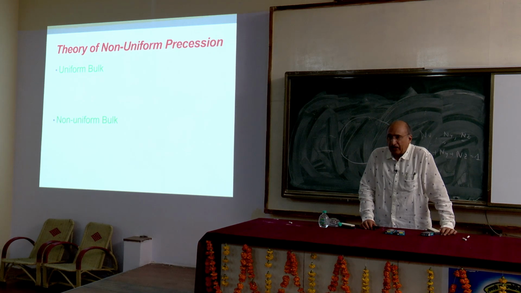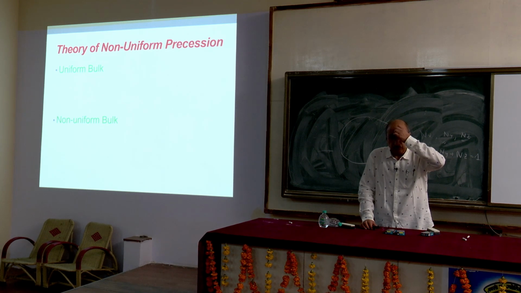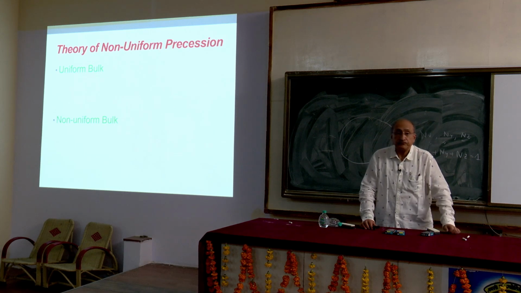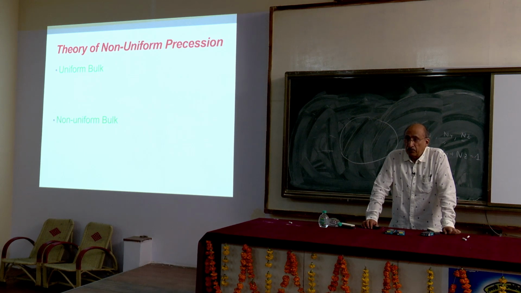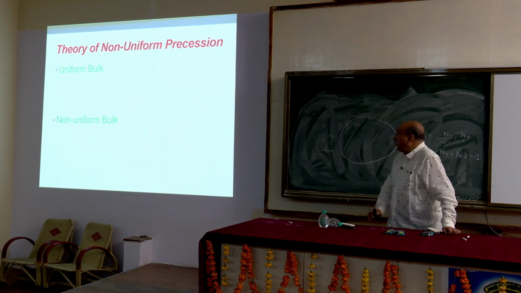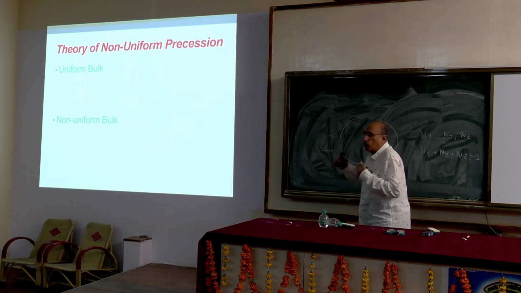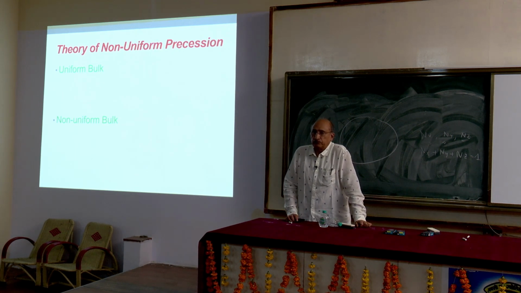Probably I'll be giving you some data on magnetic bubble films which we had created when I was a postdoc, in which ion implantation was used to create an anisotropy which was varying as a function of z, as a function of thickness. And that particular thing made the bulk non-uniform.